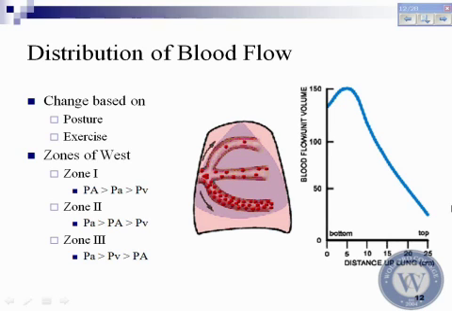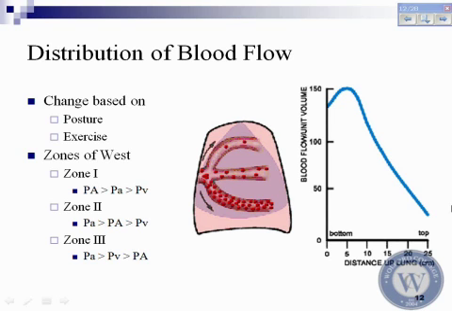Now, what we call the zones of distribution are the zones of West. When you're looking at the lung, you can separate it into 3 zones: the upper zone, middle zone, and lower zone, also called zone 1, zone 2, zone 3. That is dependent on somebody who is standing up.